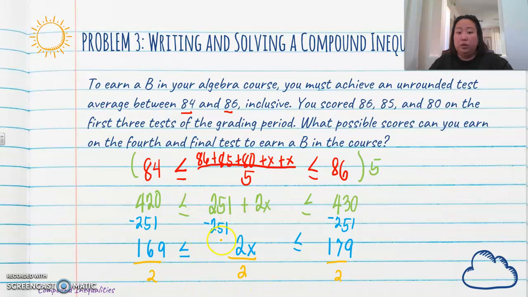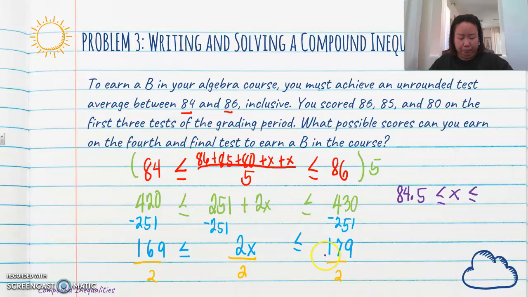And so what will you get here? 169 divided by 2 is going to be 84.5, all right?